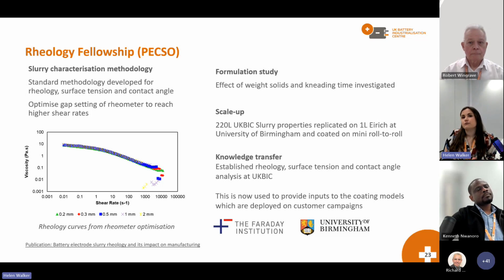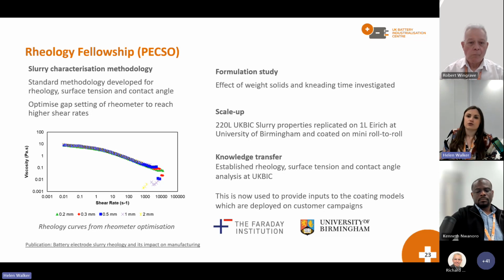But one of the really, really valuable things that we got out of it was how to characterize our slurries accurately. So we were looking at, firstly, how to use your rheometer and set up your rheometer such that you can really extend the shear rates that your rheometer can look at and get a really, really extended flow curve. We also looked at how to evaluate the contact angle that our slurries make with our foil substrates, and also how to get reliable surface tension measurements.